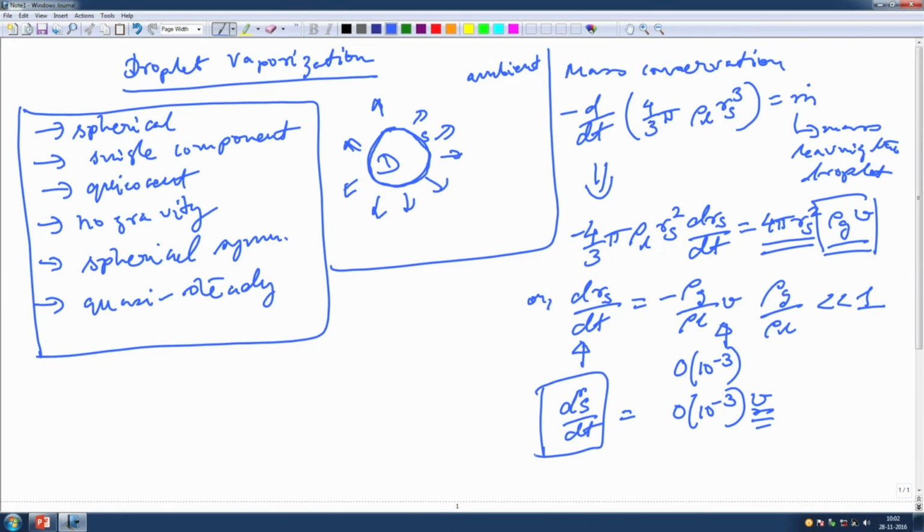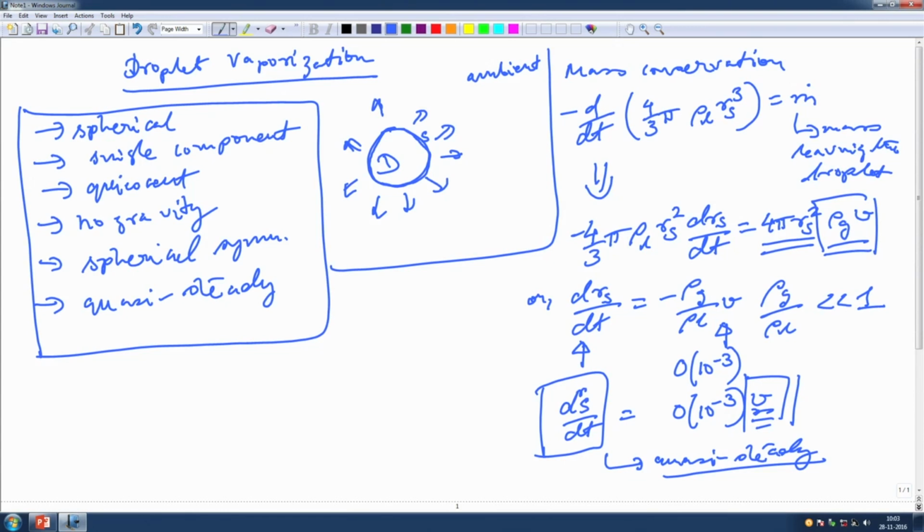This is what we established last class also. It means the regression of the droplet radius is very slow compared to the diffusive flux. In that case, this justifies our quasi steady assumption. You already knew, but this is another proof that we have shown here.